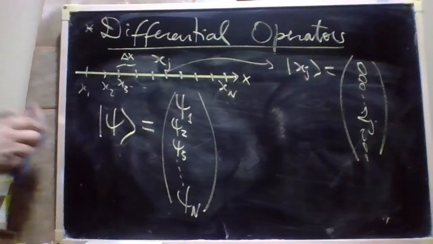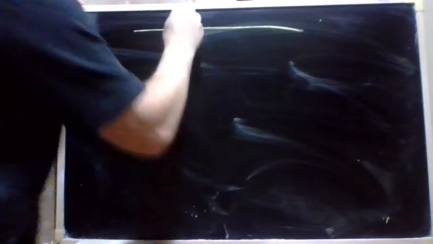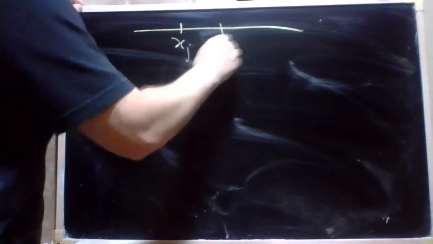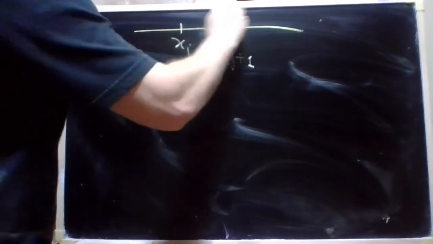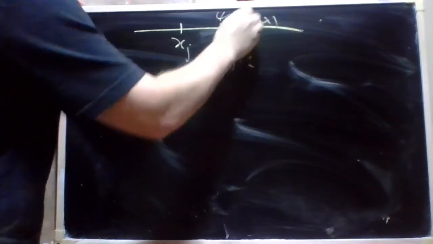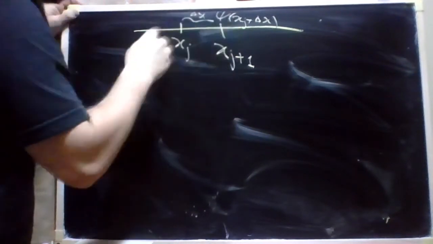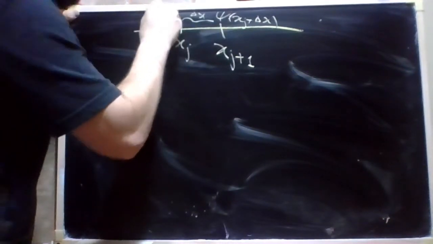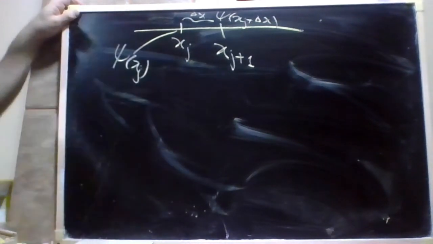So notice the following. For two points here, say this is xj and this is xj plus 1. Here I can assign the value of the function x plus a delta x, xj, for the sake of the moment. This is the interval, and this is the function evaluated at that point xj.